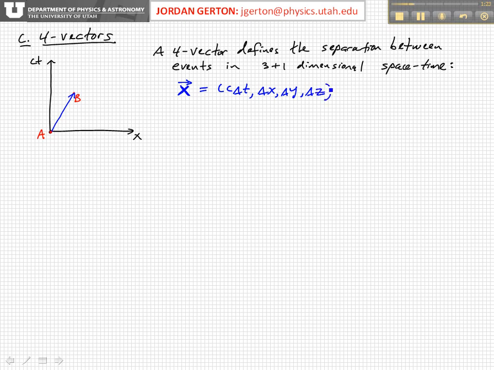And the thing to note is that this is actually invariant. A 4-vector is invariant in different frames, although the components are not. We know that delta x, delta y, delta z can be different in different coordinate systems, different reference frames, and so can delta t.